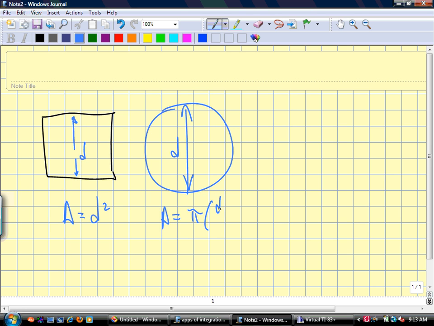Pi over 4 d squared. The area of this shape is exactly 1/2 of the area of the other shape. Pi over 8 d squared.